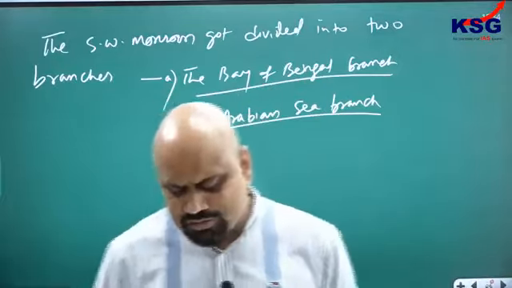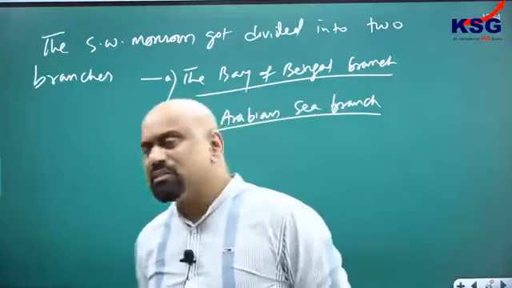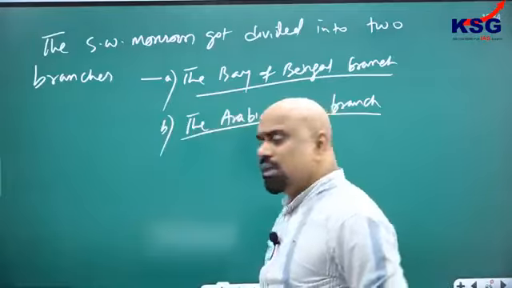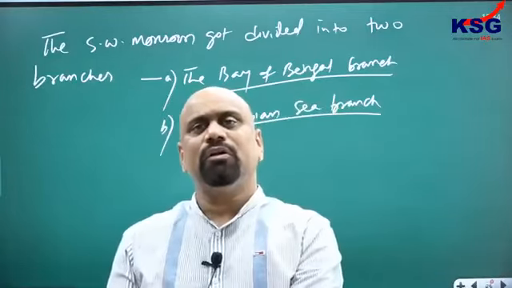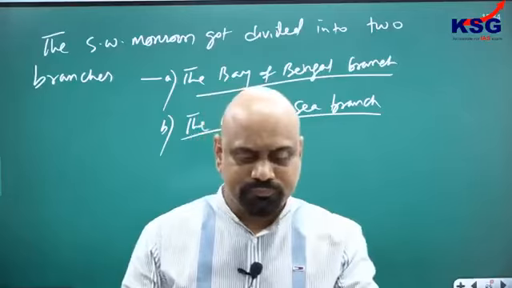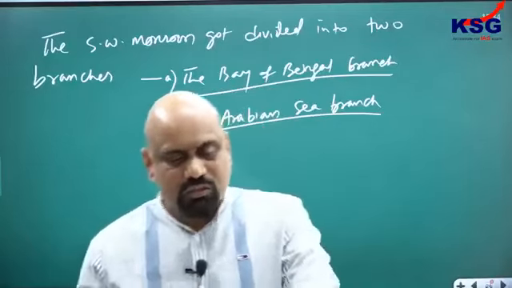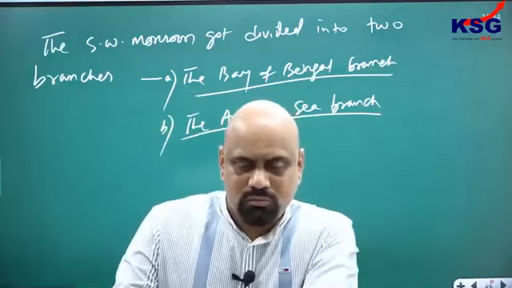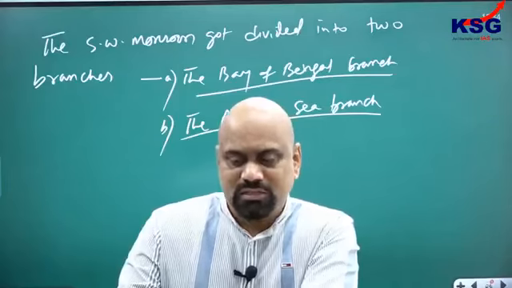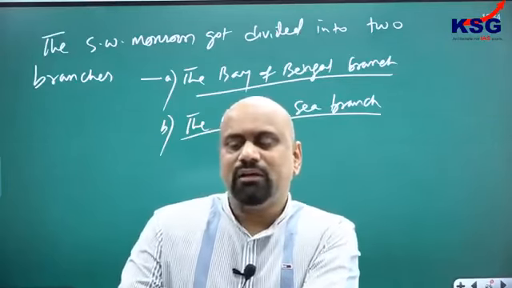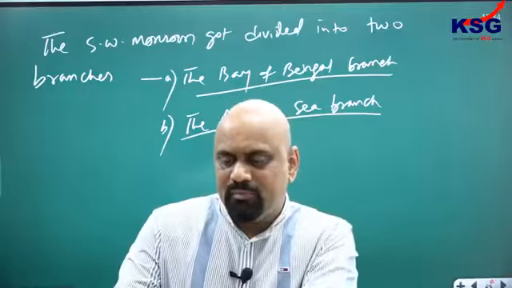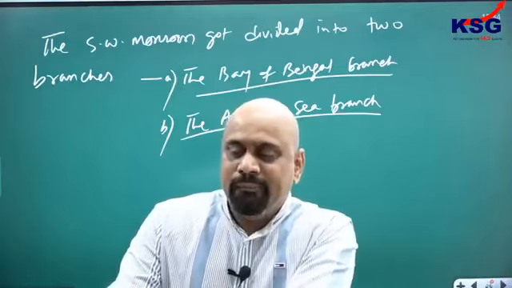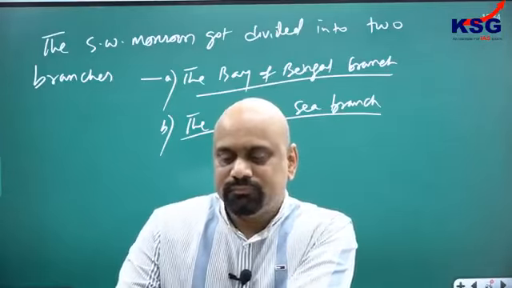My friends, you just see here. The Bay of Bengal branch, remember this Bay of Bengal branch, very interestingly enters India. The Bay of Bengal branch enters India through West Bengal.